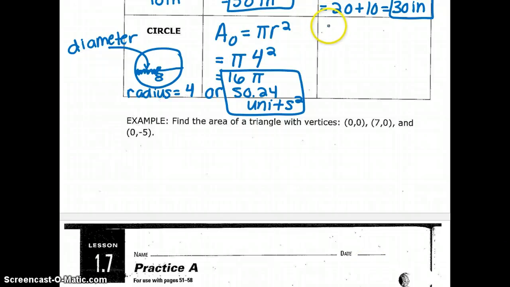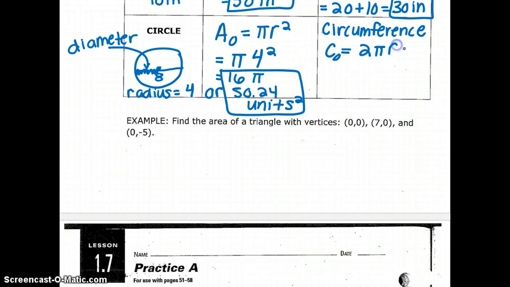For a circle, we have a different word for perimeter, and that word is circumference. So the perimeter or circumference of a circle is 2 pi r, or pi times diameter, because 2 times the radius is the same thing as the diameter.